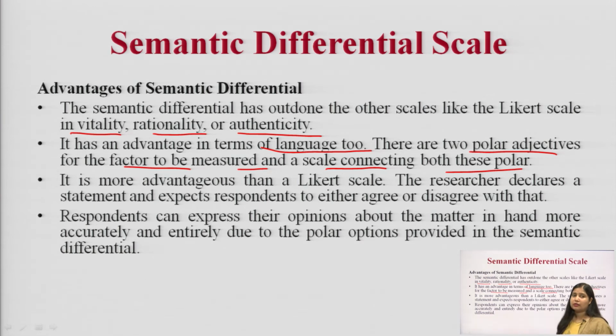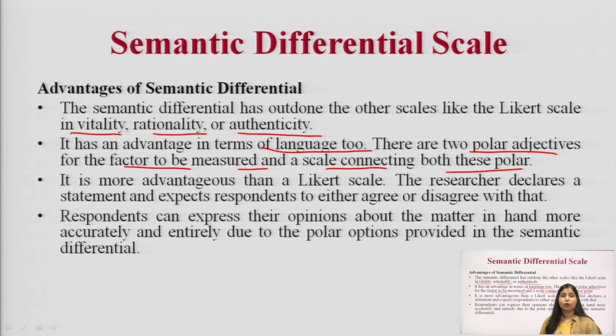From the start we are saying that in the semantic differential scale there are two poles, and these two poles are connected with the scale, and most of the time this is a 7-point scale.